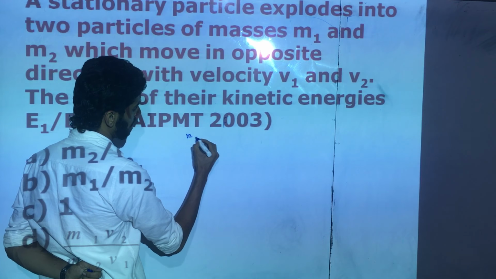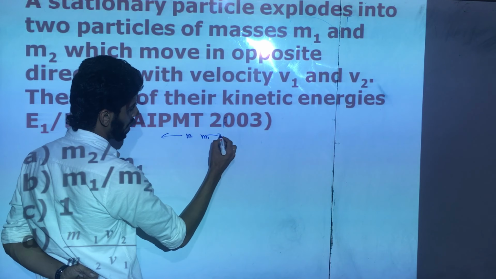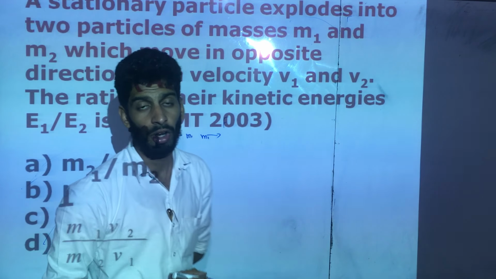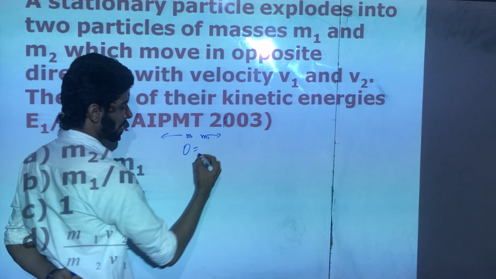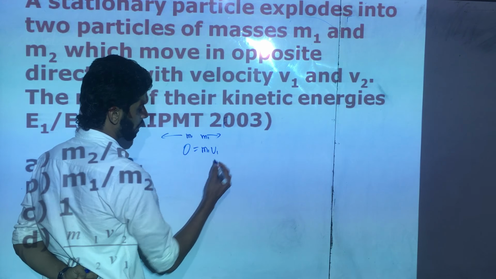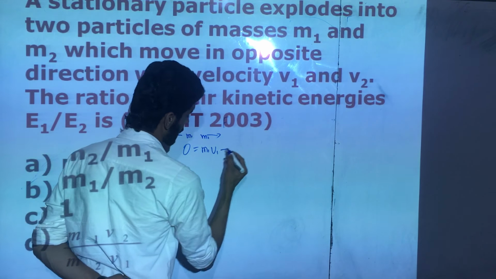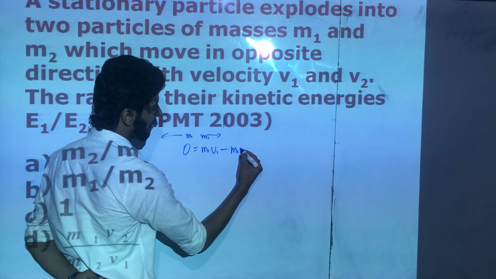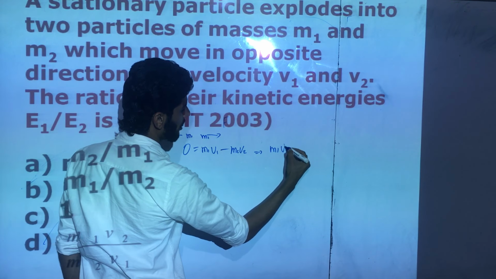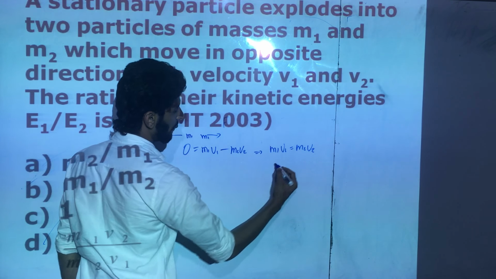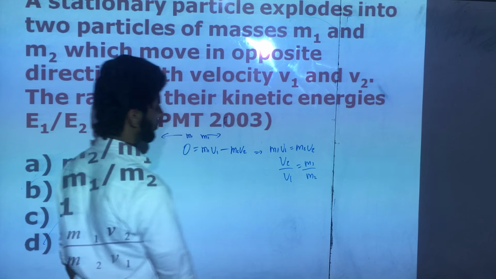So I've got two masses, m1 and m2; they explode and move in two different directions. The law of conservation of linear momentum says the total momentum before the explosion, which is 0, is equal to the total momentum after the explosion. Since they move in opposite directions, I will put a minus sign instead of plus for m2 v2. This implies m1 v1 is equal to m2 v2, which I'll write as v2 by v1 is equal to m1 by m2.